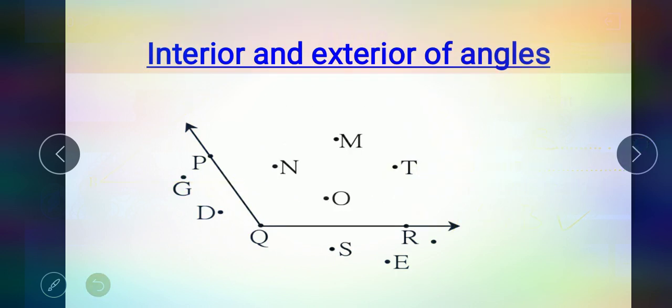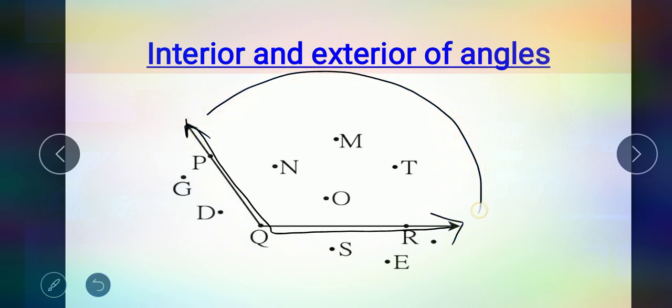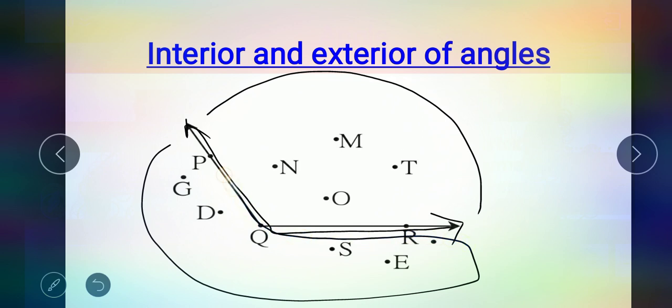Let's move ahead, students. Here we are going to talk about the interior and exterior of angles. When you see angle PQR, the region just above it is called the interior, and the region just below, this whole area, is called the exterior.